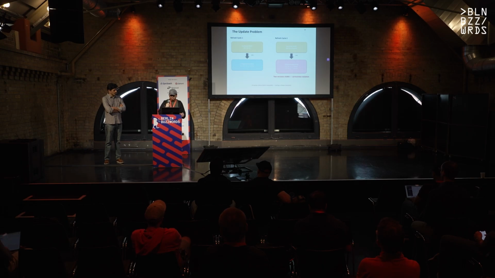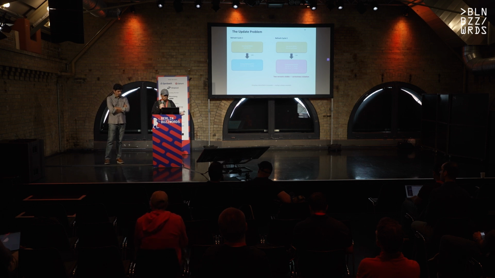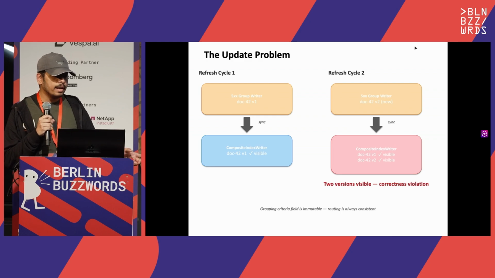So this can lead to a scenario where, when refresh gets triggered at this point of time, both the new version and the old version of the document can exist on the parent writer, and this can lead to a correctness violation. Earlier, since both of them were landing on the same writer, this issue was not there.